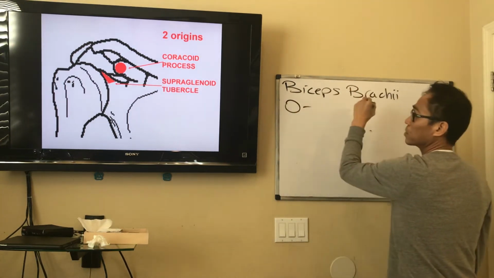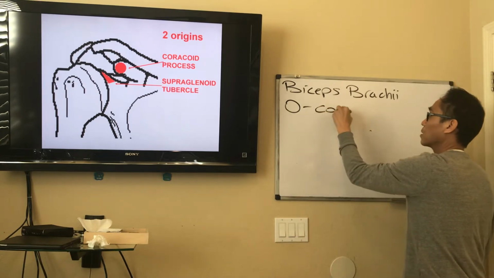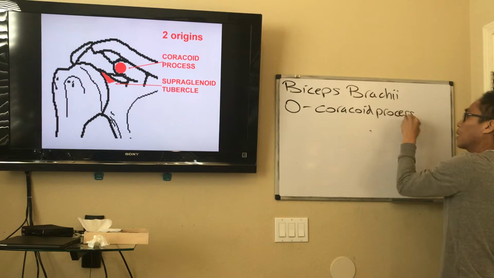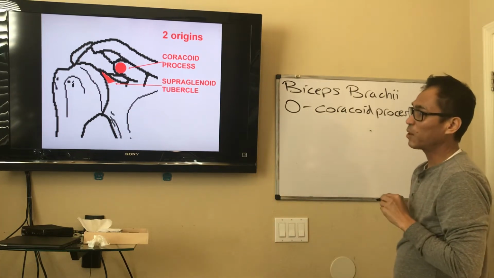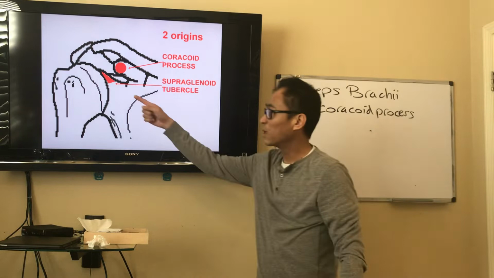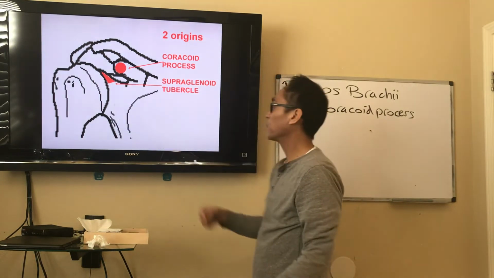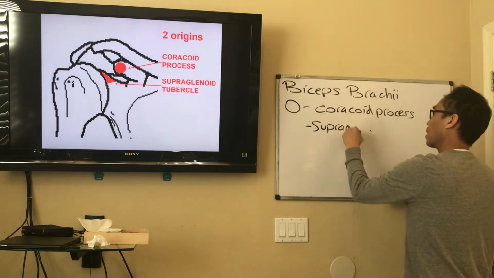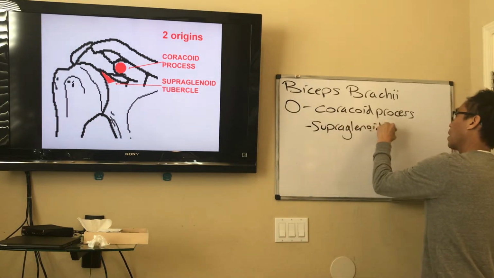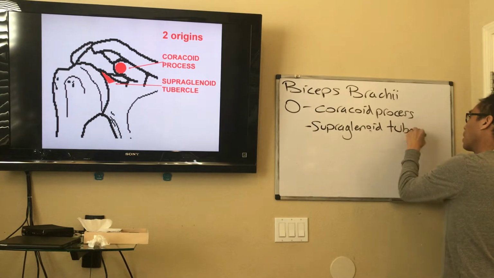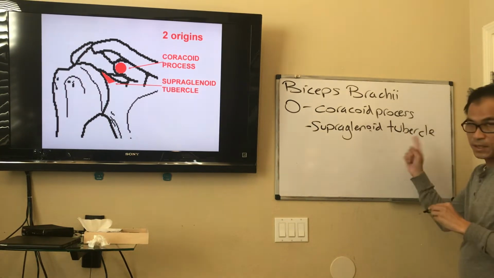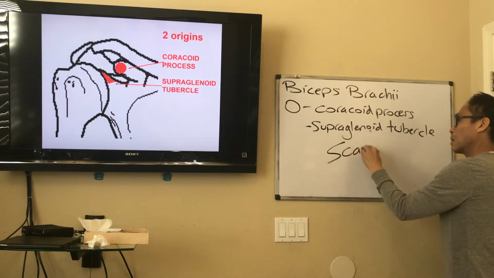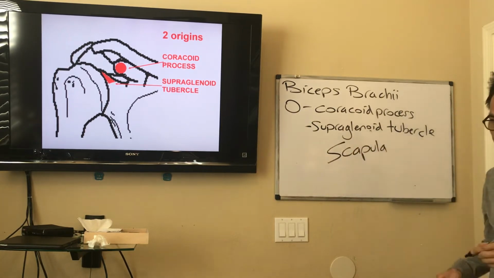The origins are the coracoid process and the supraglenoid tubercle, that little bump on the superior aspect of the glenoid. Remember, both of these are on which bone? Scapula.